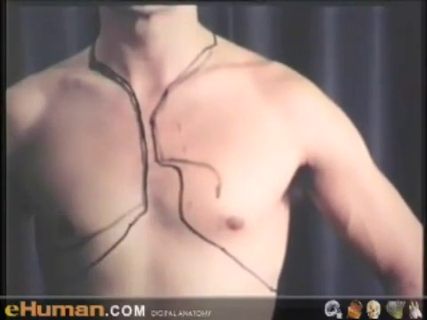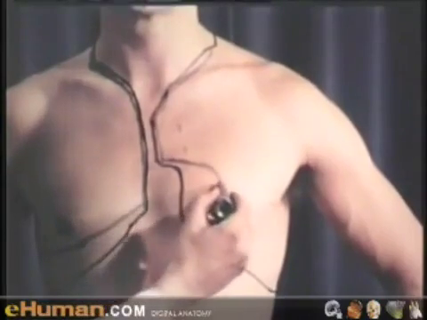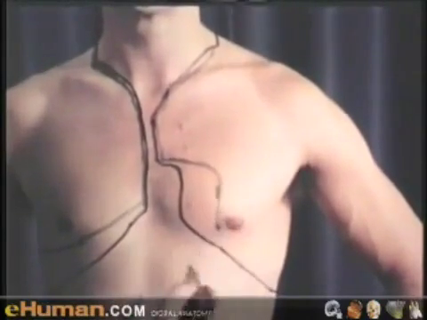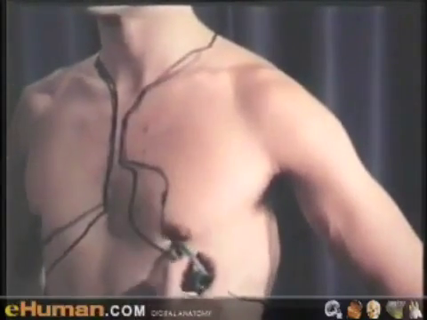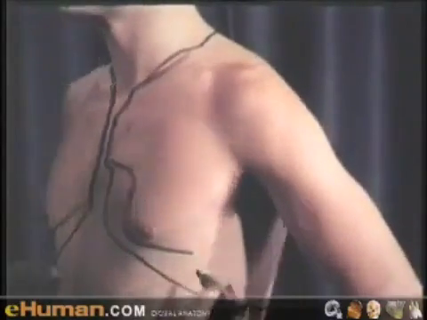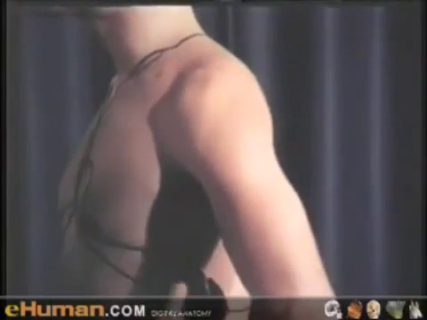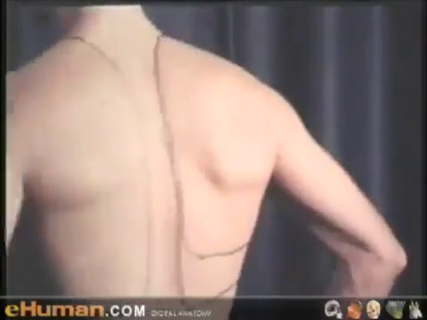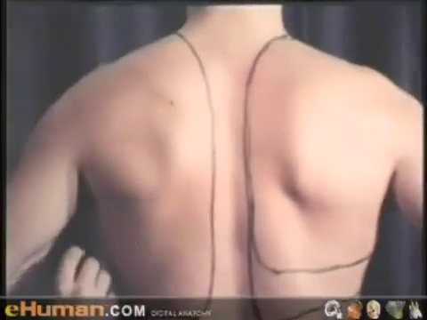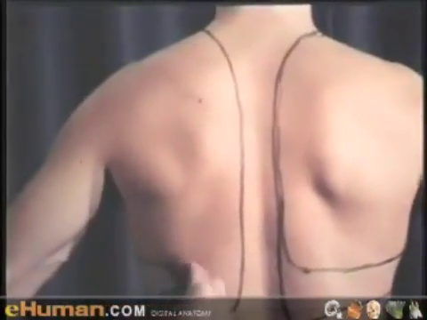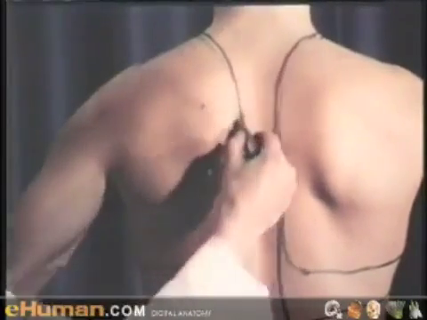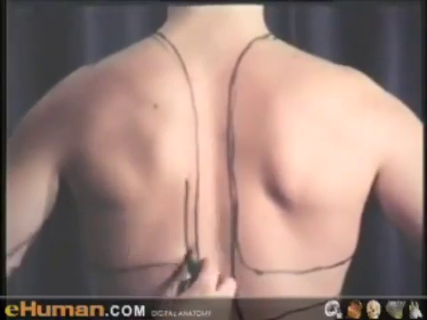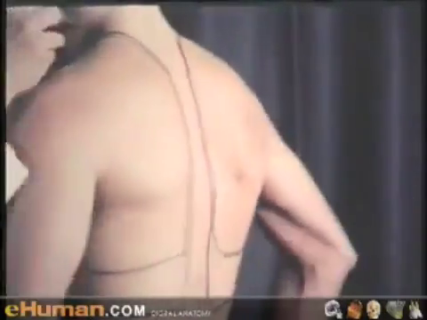And this is the true cardiac notch. And then it comes on down to the sixth, and then it goes 6, 6, 8 in the mid-axillary line, and 10 round the back here, and then coming up and joining up with the apex of the lung, coming on down in that manner and joining up.